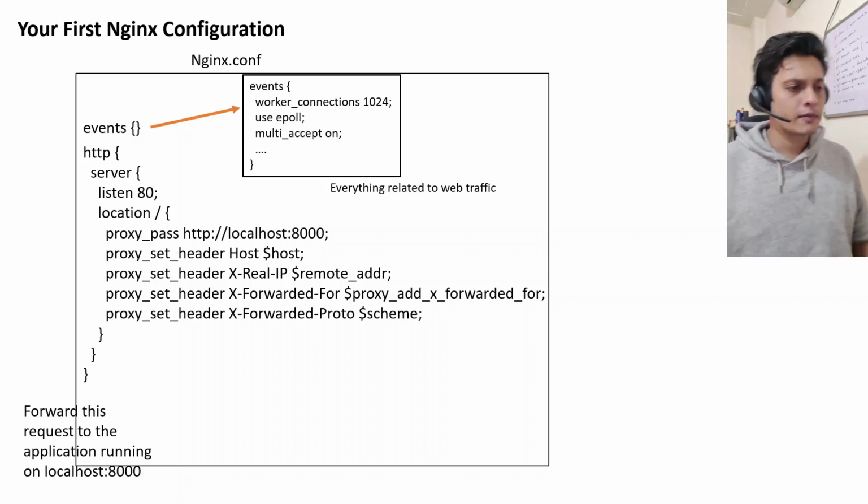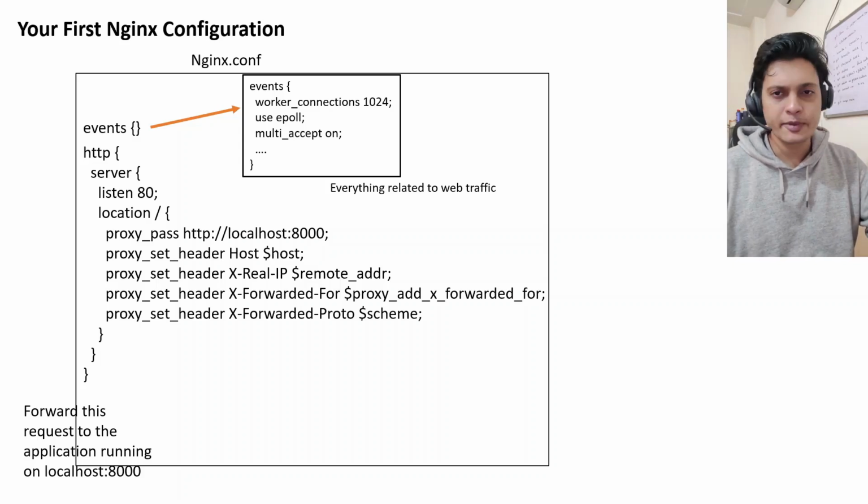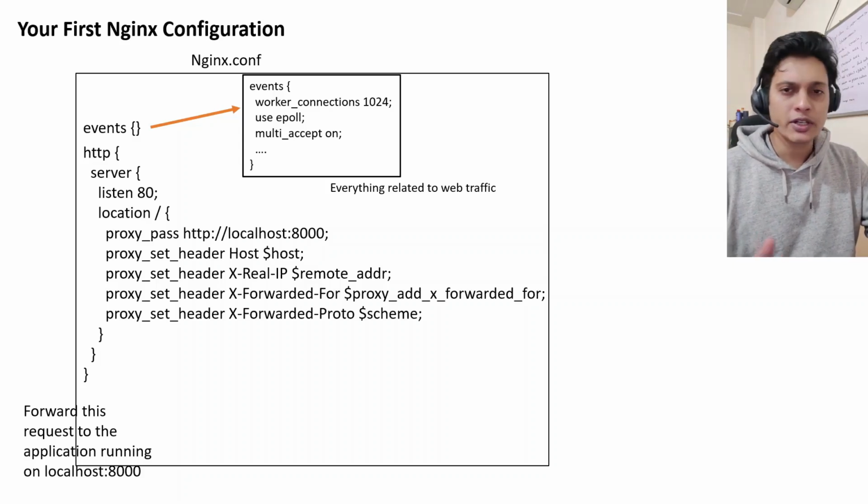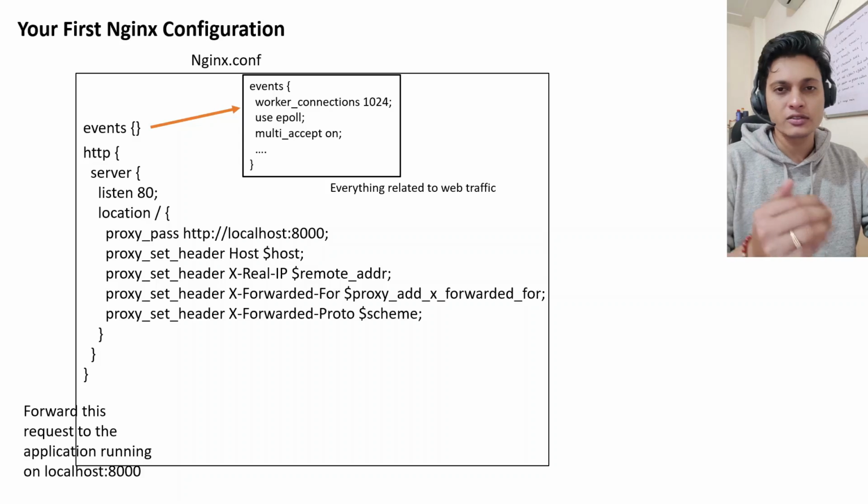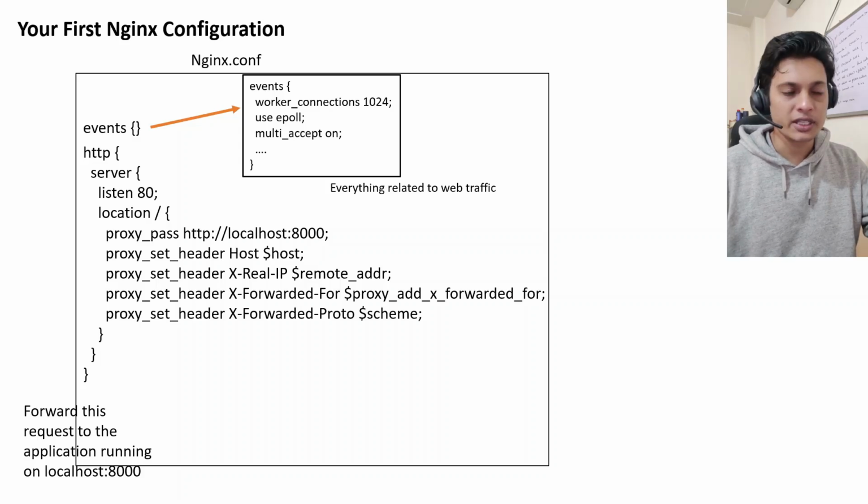Multi_accept on. This multi_accept is for the high traffic scenario. In a simple scenario, let's say there is a restaurant and at the door, 10 customers are waiting. If multi_accept is on, think of your waiter as a worker process, the 10 customers waiting outside as the traffic, and your restaurant as the worker node serving your application.